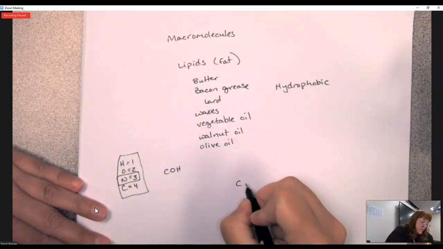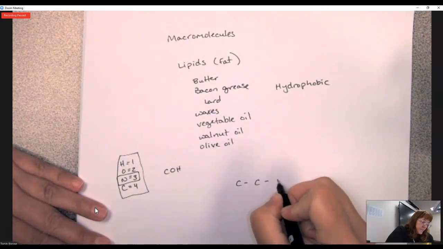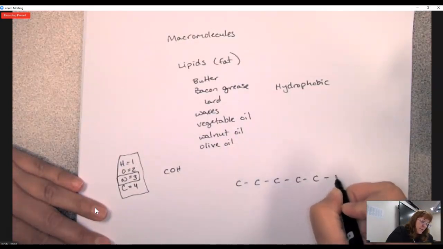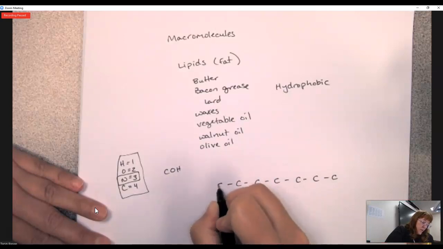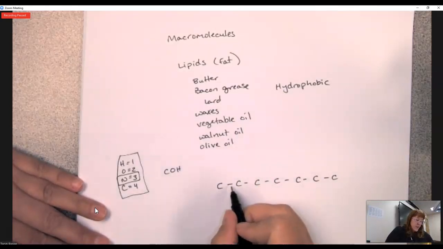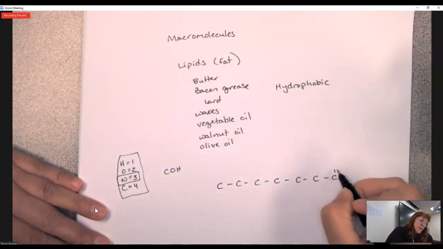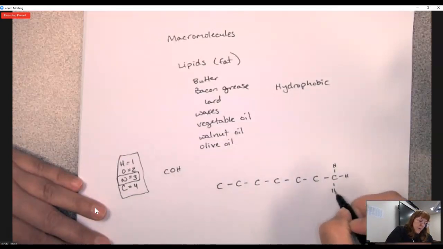But I'll just draw one chain here. So we have a long carbon chain, and all of these carbons are sharing those electrons equally between themselves, so a non-polar covalent bond. And usually at one end, we'll have what they call a methyl group.